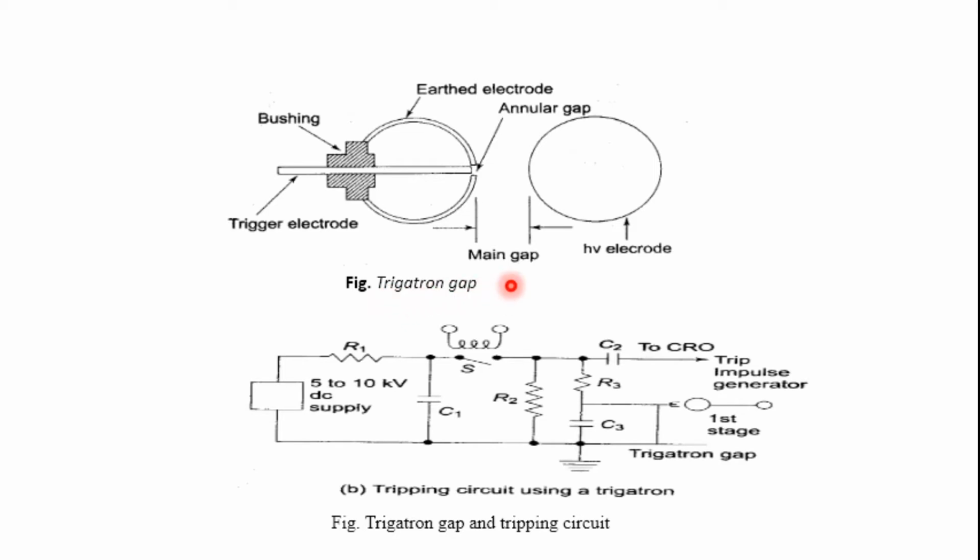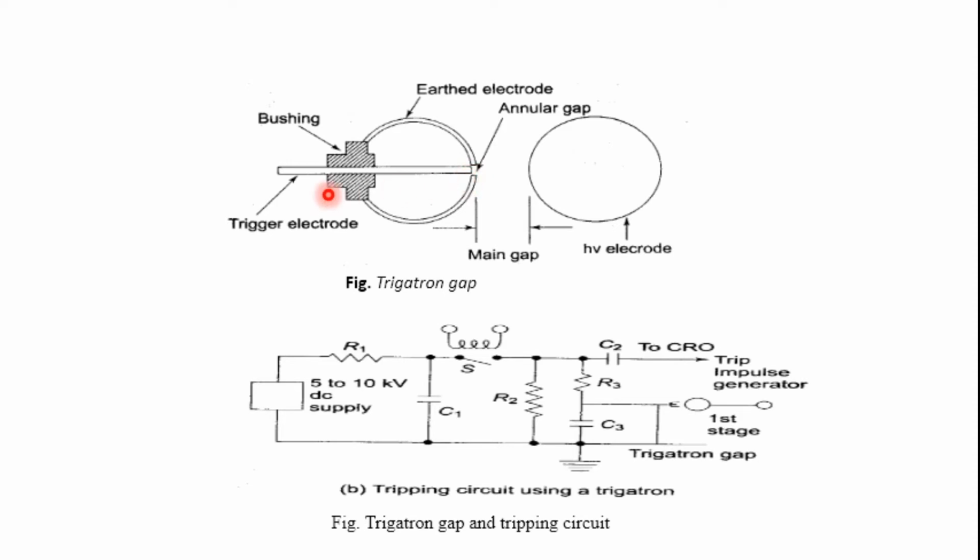Here there are 2 electrodes, one is the high voltage electrode and the other is the earth electrode. In the earth electrode there is a trigger electrode, which is a metal rod structure, and the annular gap between the trigger electrode and the earth electrode is 1 mm.